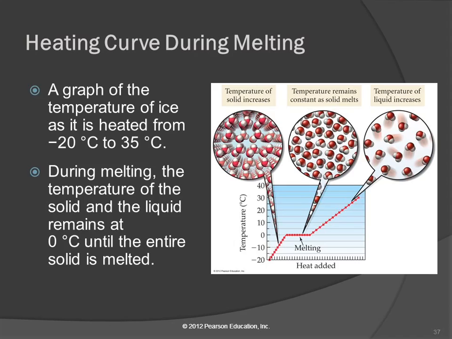And all of the energy that's being added goes into freeing the solid molecules into liquid, and it does not increase the temperature. Once all of it has melted, then the temperature will rise. And when we get up to 100 degrees Celsius, then we'll see another plateau where the temperature stops at 100 until everything has boiled away.